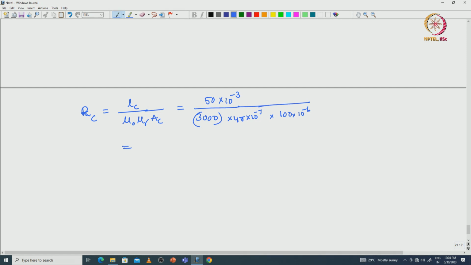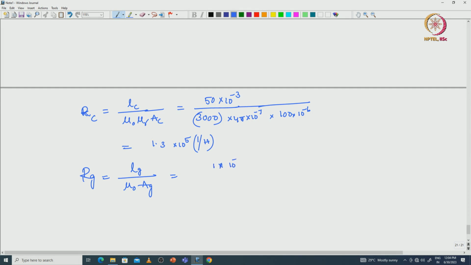Okay. We see the reluctance of the core is 1.3 into 10 power 5 1 by Henry, and the reluctance of the air gap is equal to Lg by mu naught into Ag. The length of the air gap is equal to 1 mm, as given.